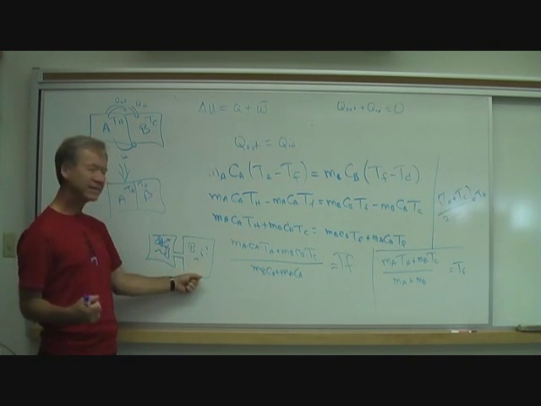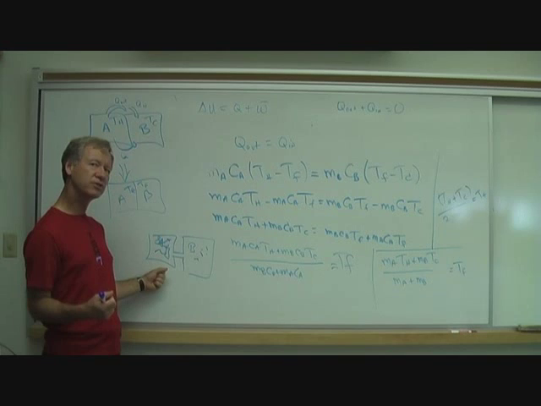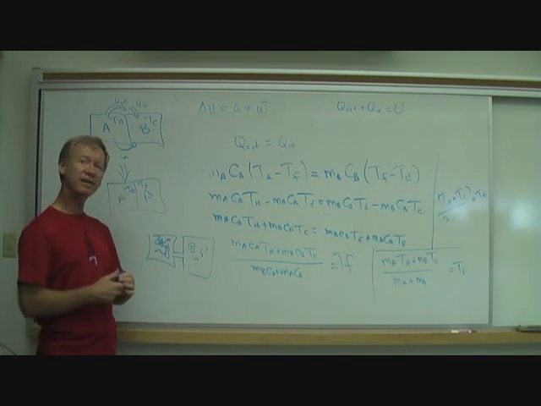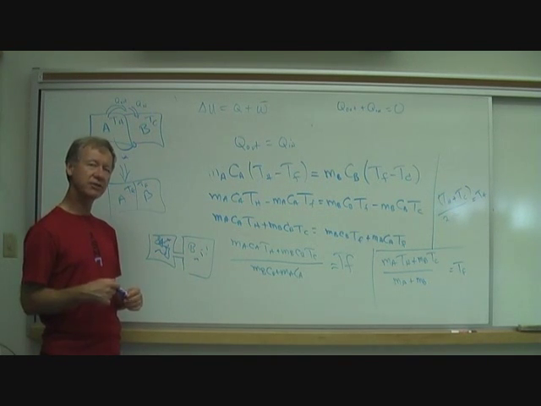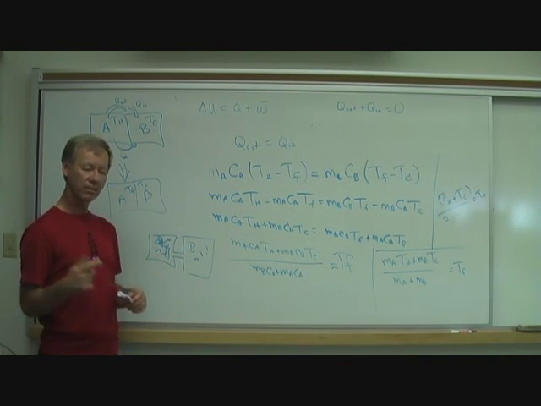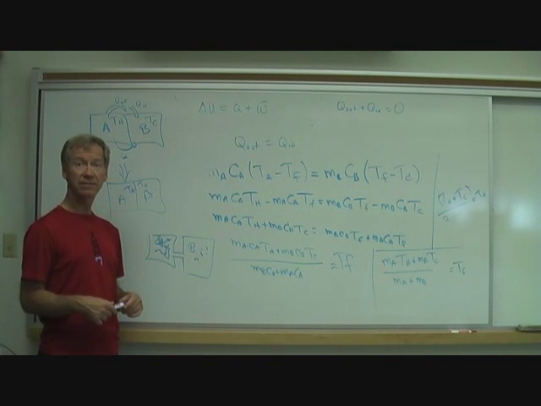Because look, do the volumes change? I'm going to leave you to think about that. It should be one of the things that I've asked you to do for Mastering Physics, for one of the last Mastering Physics.